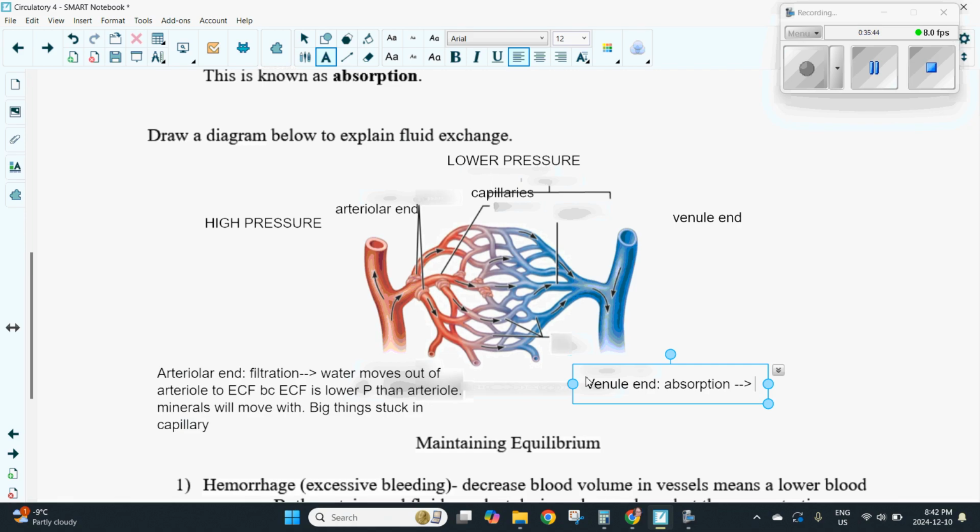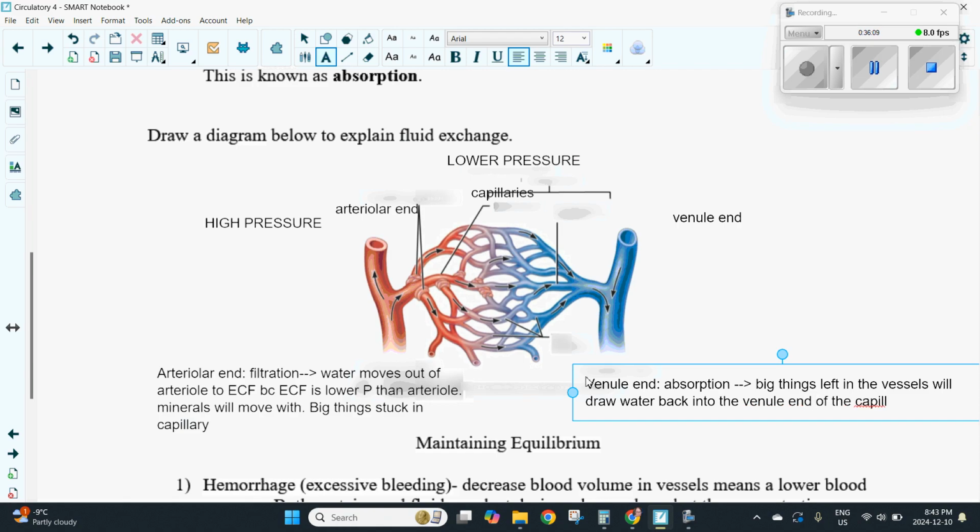So what this means is the big things left in the vessels will draw water back into the venule end of the capillary.